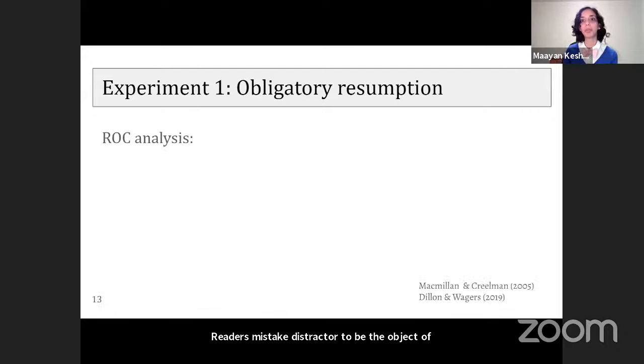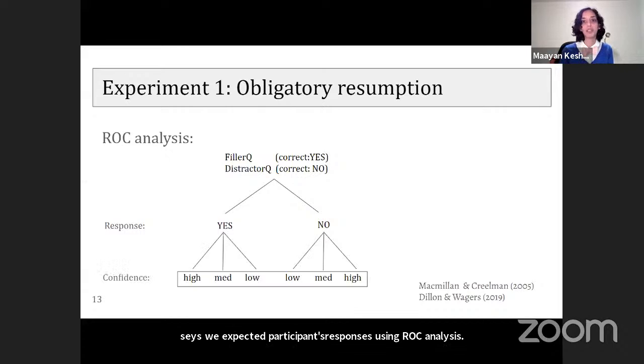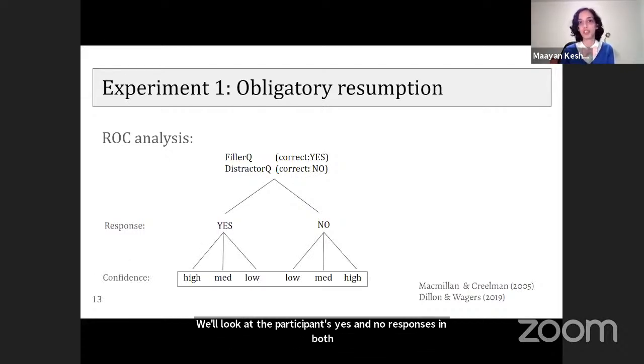To look at how people discriminate between filler and distractors, above and beyond the general yes bias, we also examined participants' responses using an ROC analysis. So in this analysis, we'll look at the participants' yes and no responses in both question types, but we part these responses by the confidence ratings that participants provided for each trial.